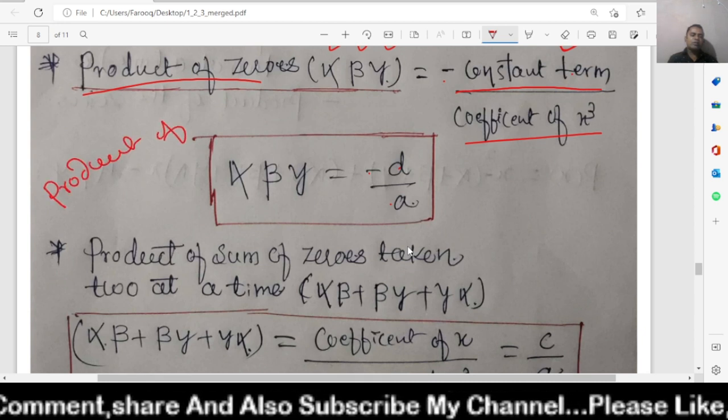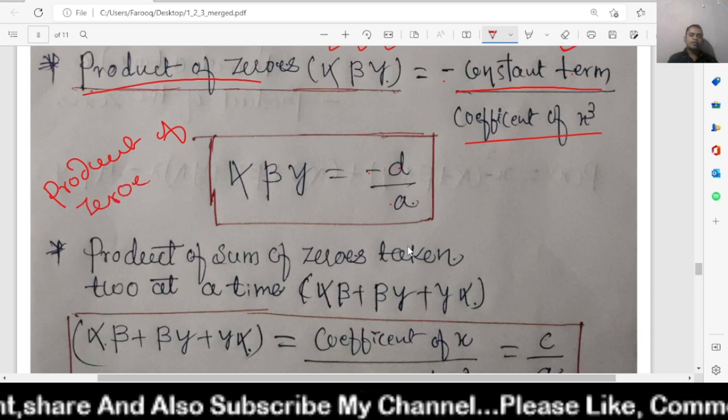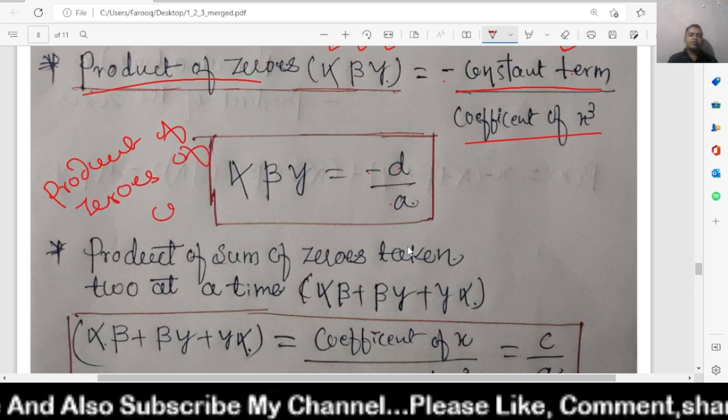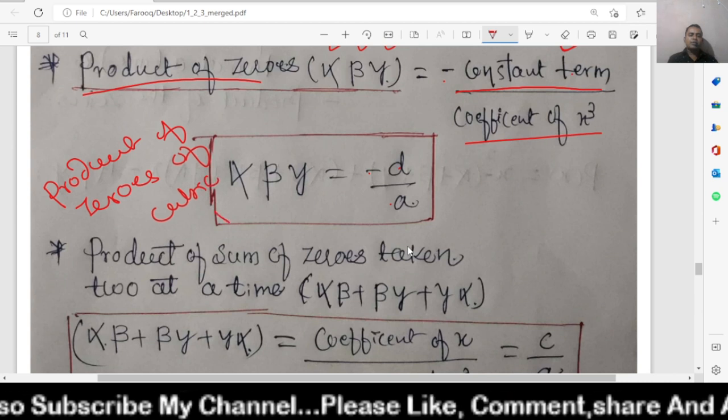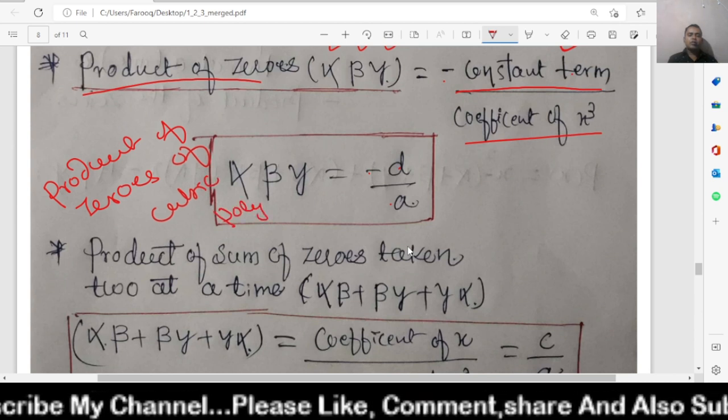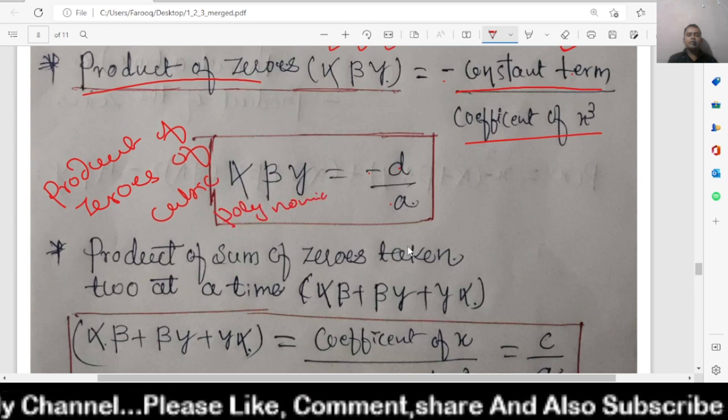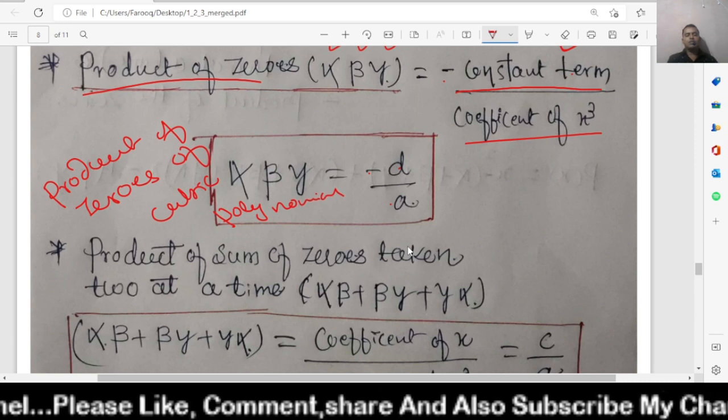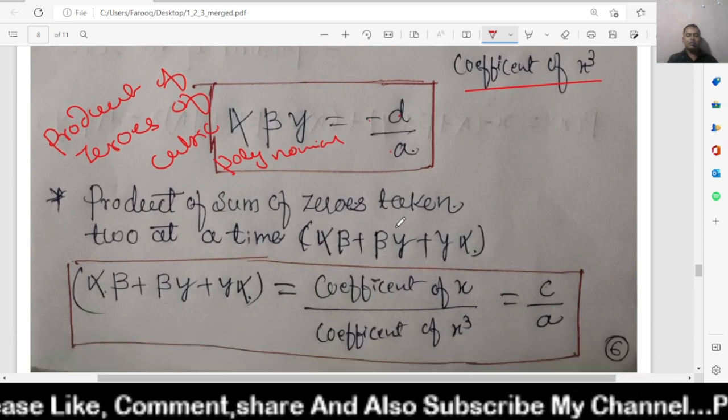Yes, this is the product of zeros of the cubic polynomial.